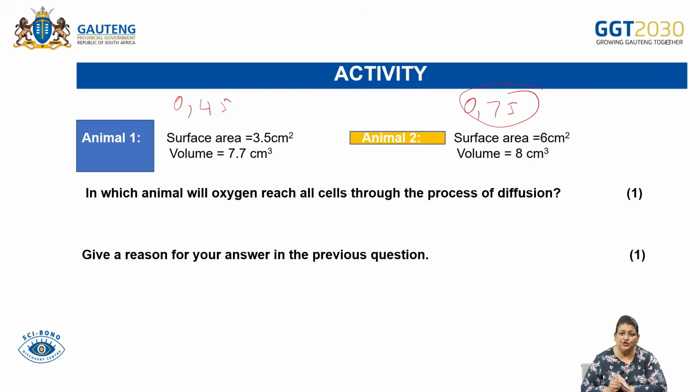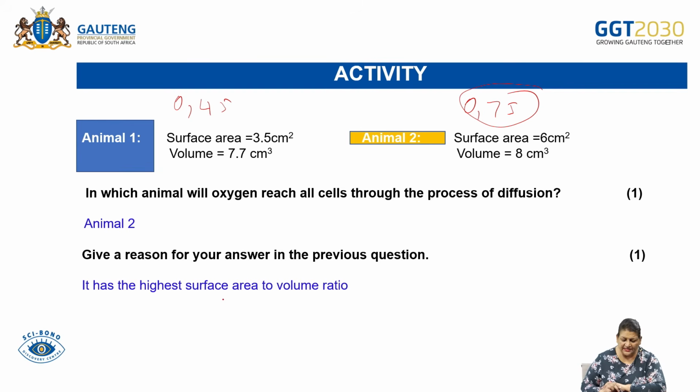So animal 2 has a bigger surface area, so more area for oxygen to enter. So it's going to be animal 2. Give a reason why animal 2 will have more oxygen that will reach its cells by diffusion. It has a higher surface area to volume. The surface area to volume is greater.